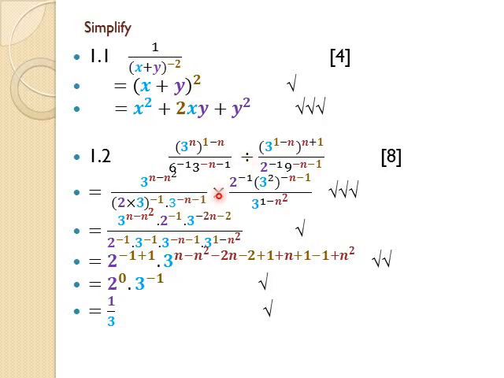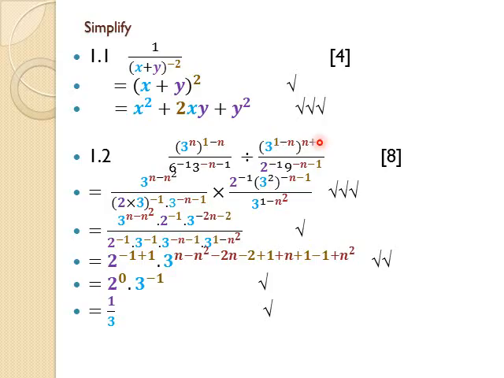Division must be changed to multiplication, and we flip the fraction around. So 2 to the negative 1 goes to the top. The 9 on top becomes 3 to the power 2 times (negative n minus 1). 3 to the power (1 minus n)(n plus 1) comes to the bottom. And there again, I assume you can see difference of 2 squares, minus n, positive n.